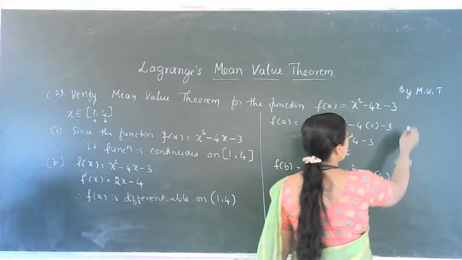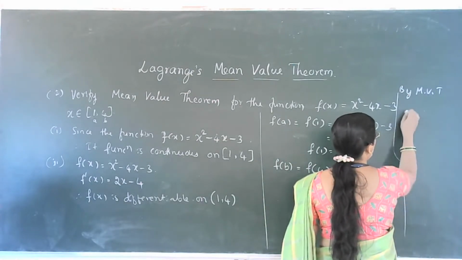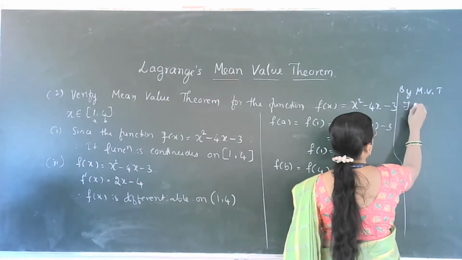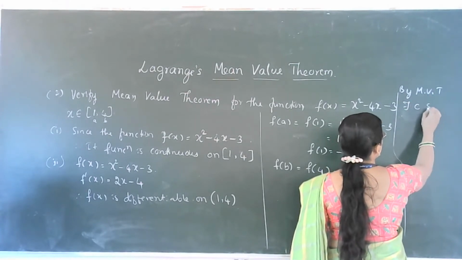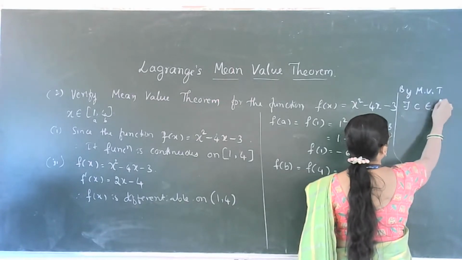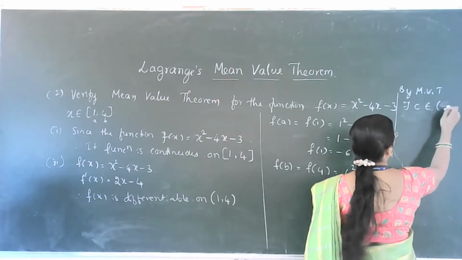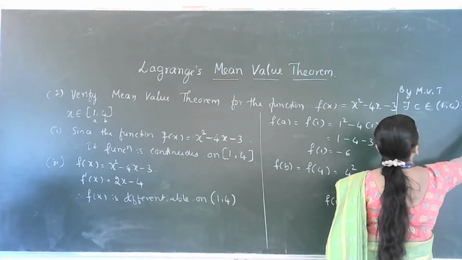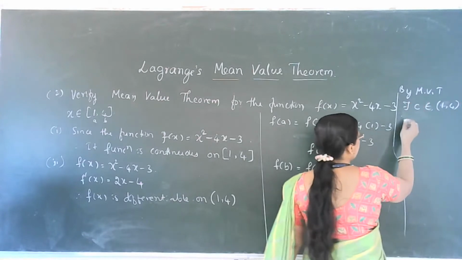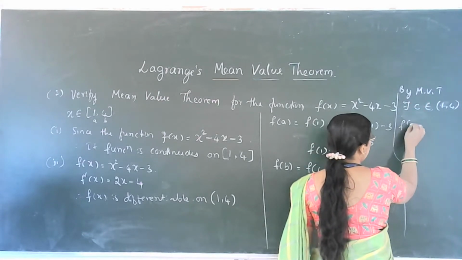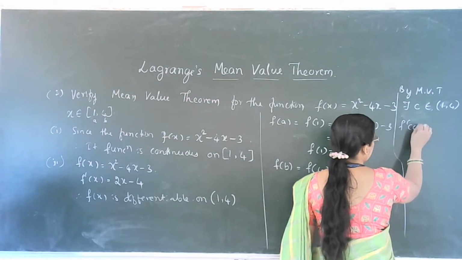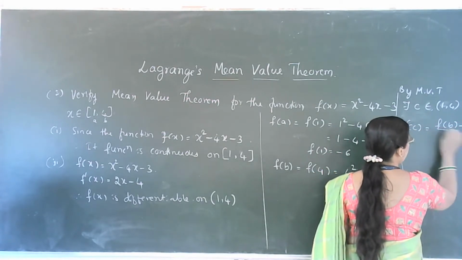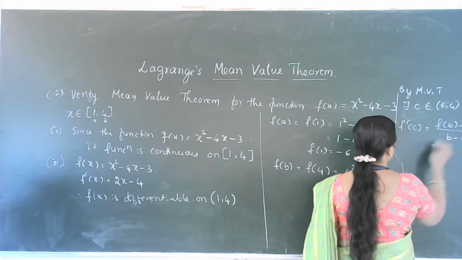By MVT, we get f dash c. There exists c belonging to (1, 4) such that f dash c is equal to f of b minus f of a divided by b minus a.